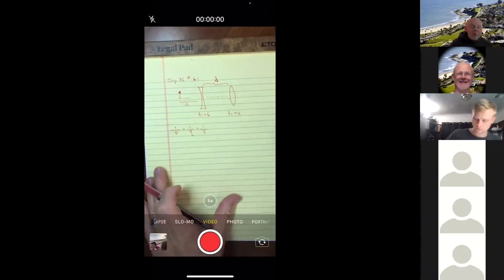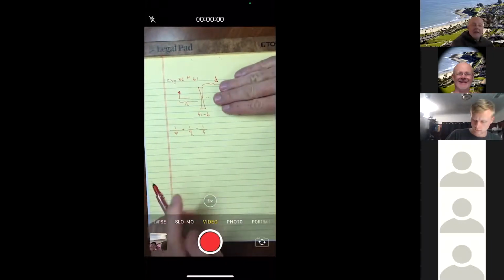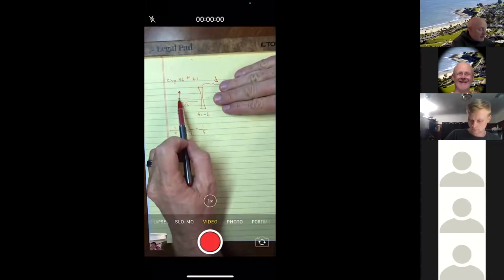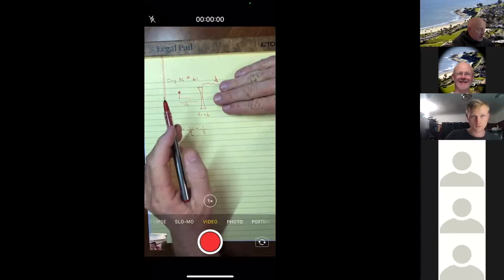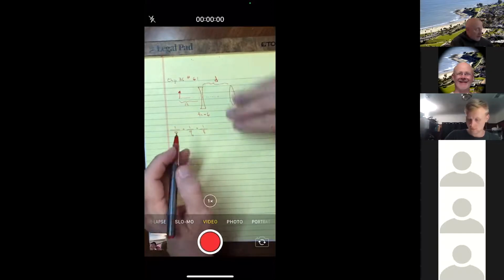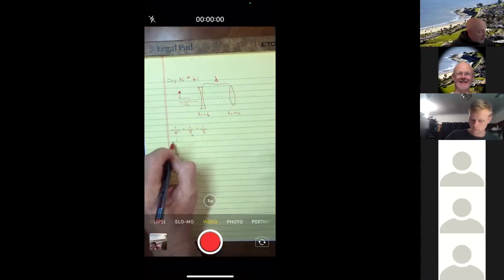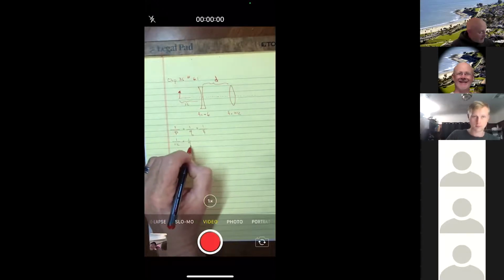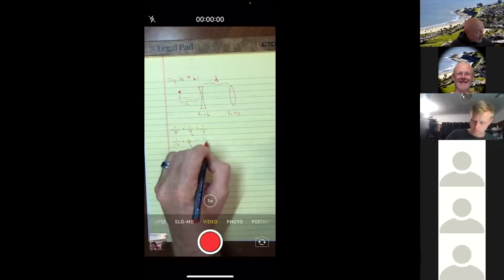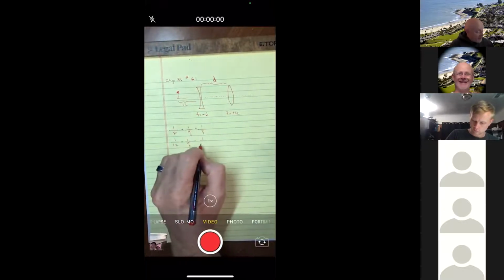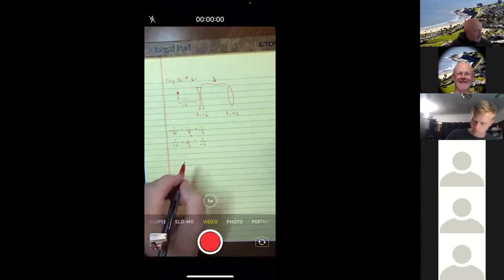For the moment, let me just ignore the second lens. Let's just say the light is coming from the object, going to the diverging lens. And where is the image? I can calculate it by saying, okay, the object is 12 centimeters away. The image position is what I'd like to solve for. And the focal length is -6.